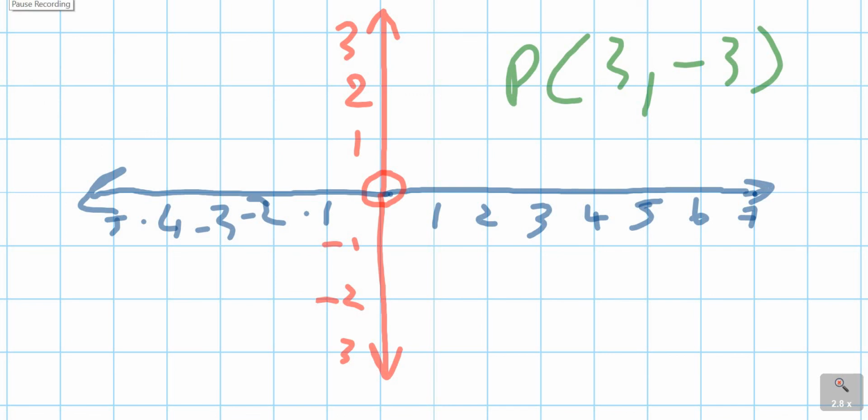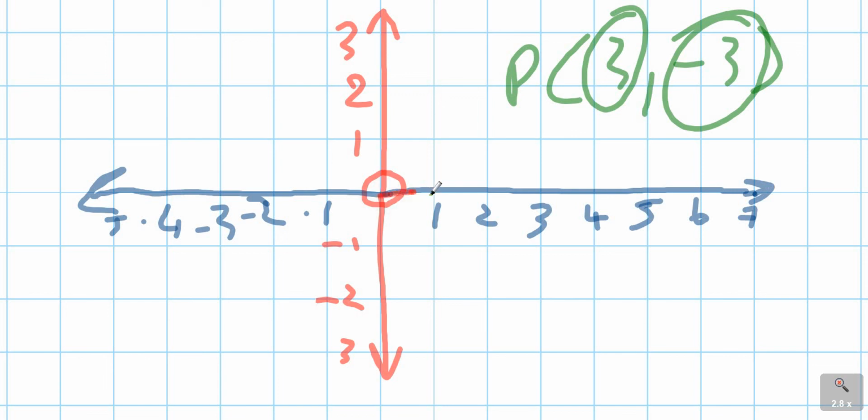It says positive 2 on the x-axis, because remember that the x-coordinate is the one that is written first. This one represents the x, this represents the y. And so we start with the x.